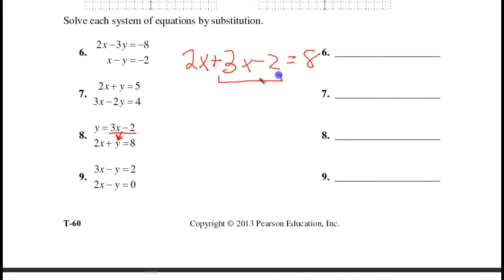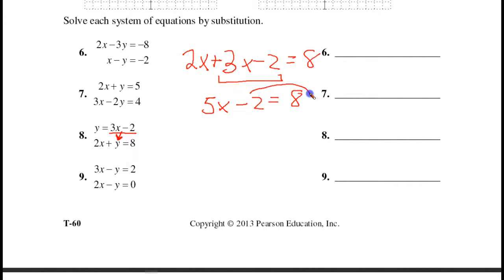So this is what we said y was, 3x minus 2. So we're replacing that y with this. Now we only have one letter. So this is going to be 5x minus 2 equals 8.